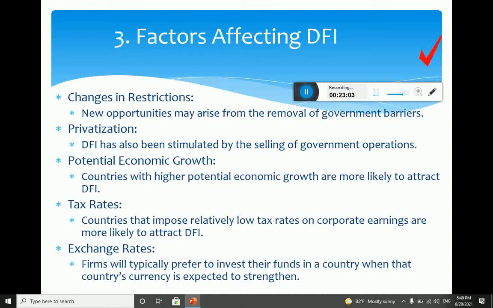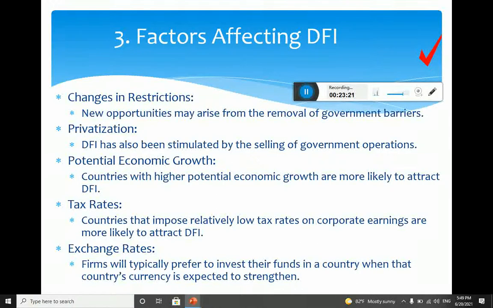The government will not intervene, will not own their properties. So that's why direct foreign investment has started increasing in the Kingdom of Saudi Arabia.